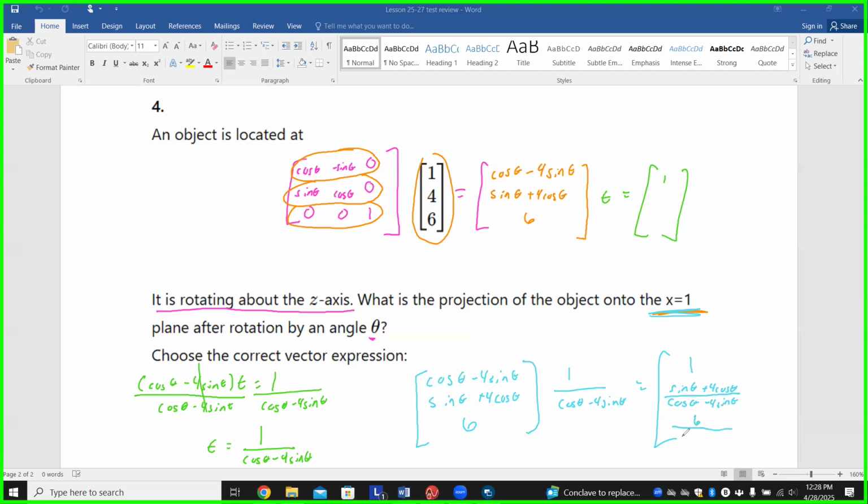It's going to have a 6 over cosine theta minus 4 sine theta. And again, if you knew what theta was, this wouldn't look so complicated. You would end up with, I wouldn't say nice numbers, but somewhat decent numbers. So that last thing would be the answer. You've now rotated it around theta, and you've now projected it onto the plane x equals 1. That's the answer.